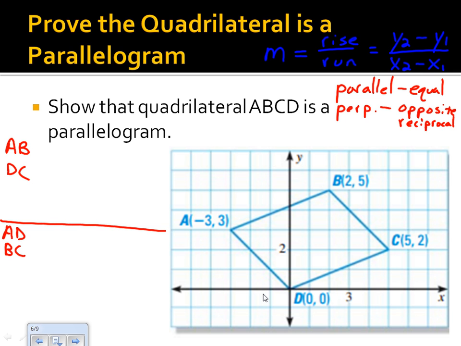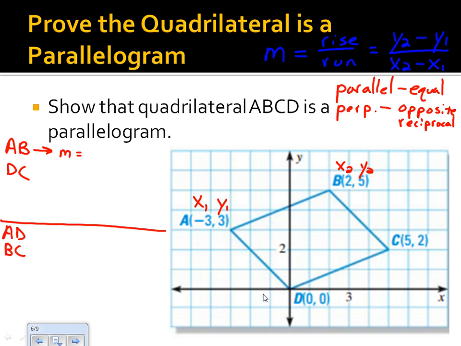So let's do AB first. We're going to have a lot of math here, so please write this down, guys. AB first. The last problem for today. So the slope of AB: let's call this one x1, y1, and this is x2, y2. Everyone okay with that?